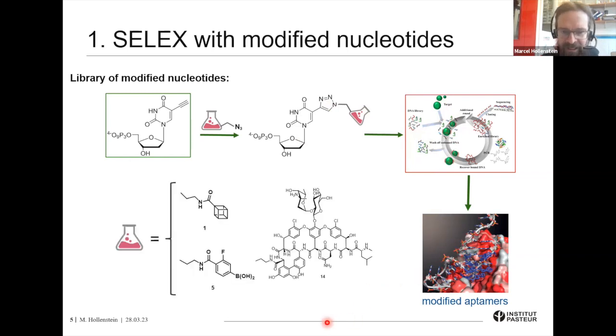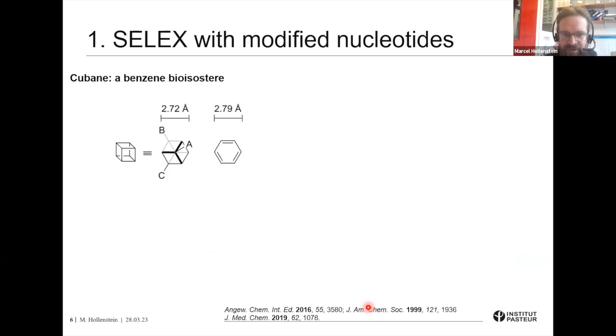So we have already quite a few modified nucleotides, and we also have quite a few modified aptamers, but I will focus essentially on just one, which is a few years old now, 3 years actually. We identified the cubane as an interesting scaffold because it is a benzene bioisostere, and it does share actually a number of physicochemical properties with benzene, but obviously it's quite different as well, as you can imagine.